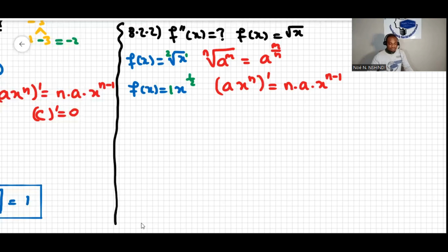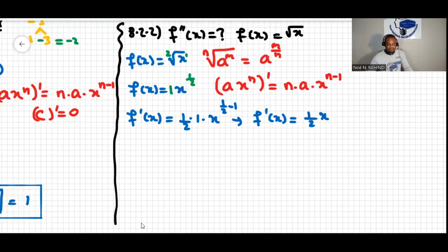So the derivative f prime of x will be equal to a half times 1 times x to the power of a half minus 1. Let's simplify this. This simply means that f prime of x will be equal to a half x to the power of negative a half. This is the first derivative, but now we're looking for the second derivative.